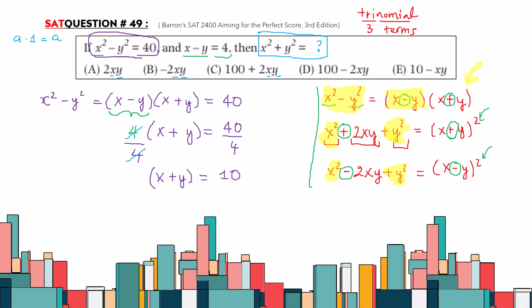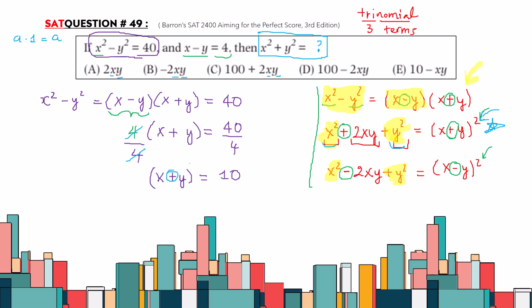So now our job is to try to find something similar to it. If we square this one, you will have the term of this. And why do we choose this one? Because we now have the term x plus y.